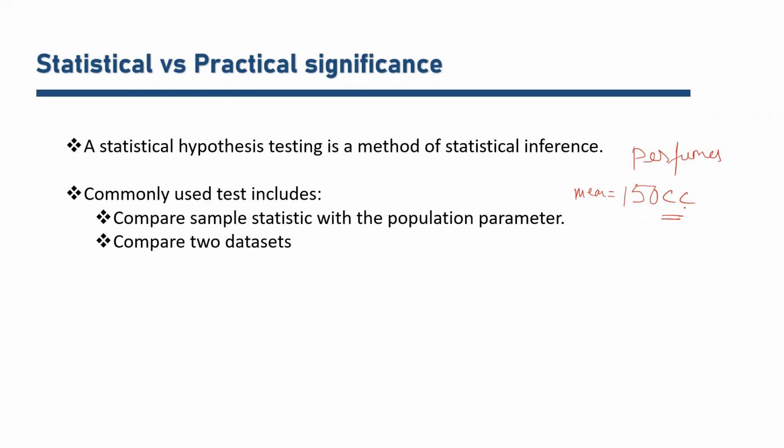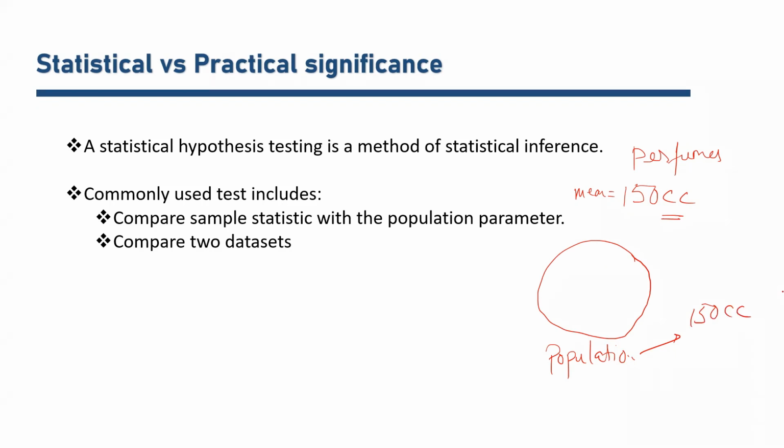Then we say that the parameter for that particular population is 150 cc, because you are talking about the entire population. So you are saying that the mean of the population is 150 cc, right?